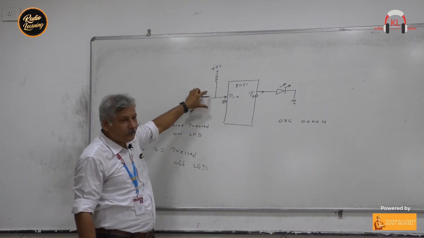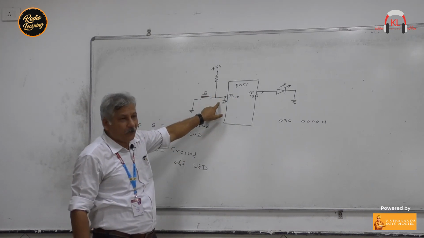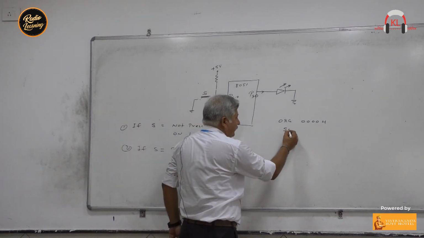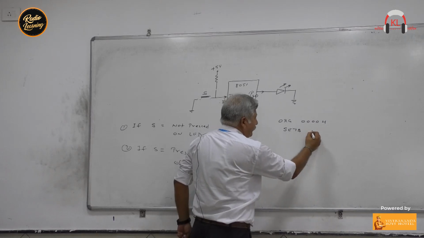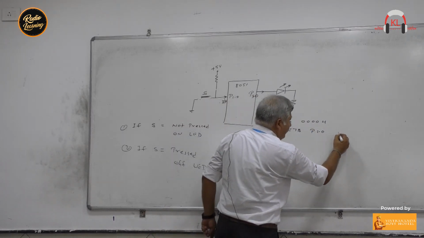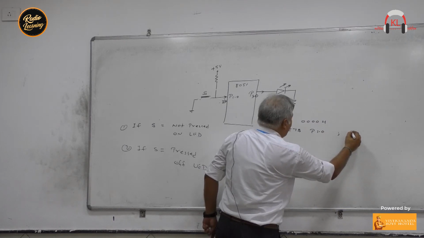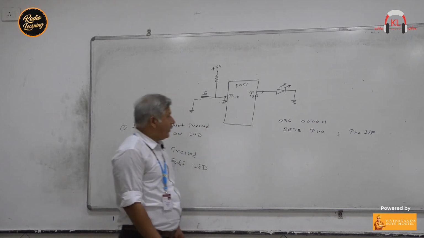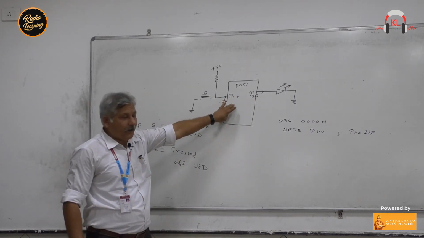We want to read the value of this switch, so this pin should be an input pin. To make this pin input, first I will write the instruction SETB P1.0. This instruction will make pin number 1.0 input. So now this pin is an input pin.